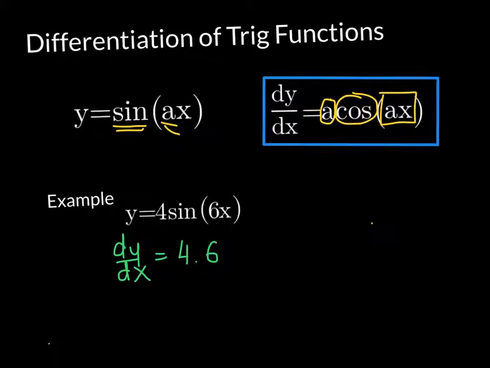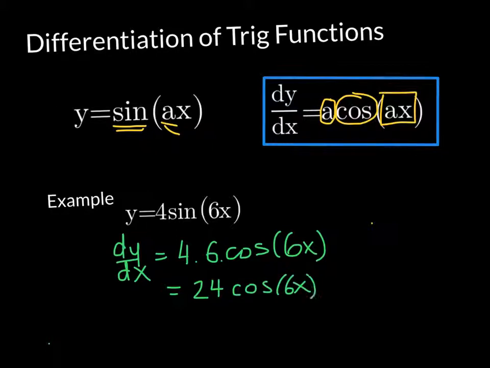The sine would change to a cosine, and then the 6x just stays as 6x. So that means that we have 4 times the 6 gives us 24 cos of 6x. And that is our differential of 4 sine 6x.